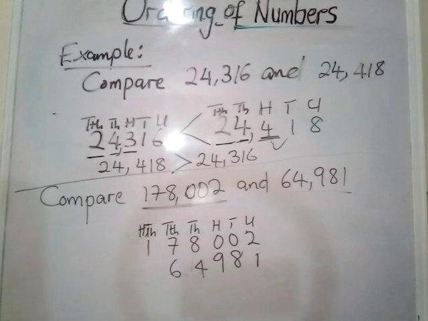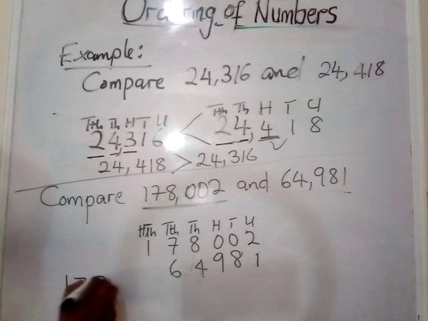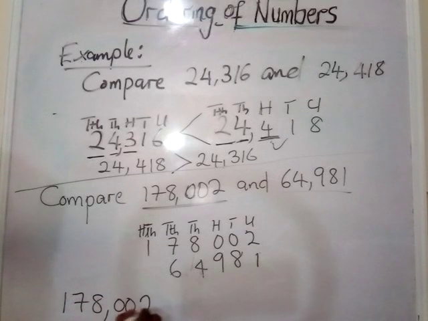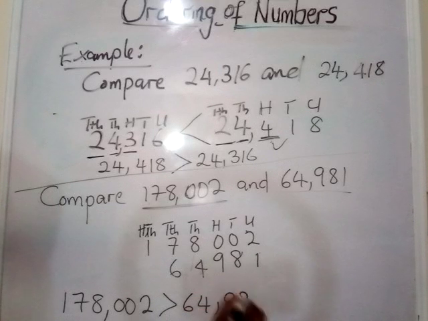And we know that 178,000 is bigger than 64,000. So with this, you just know that 178,002 is larger than 64,981. Okay, so that's just one other way.